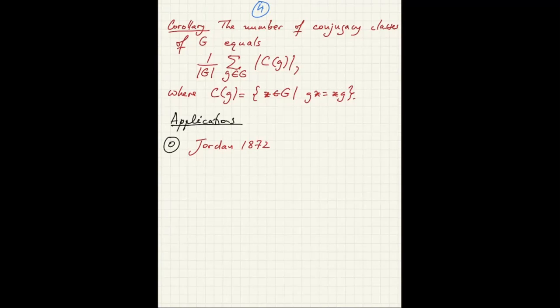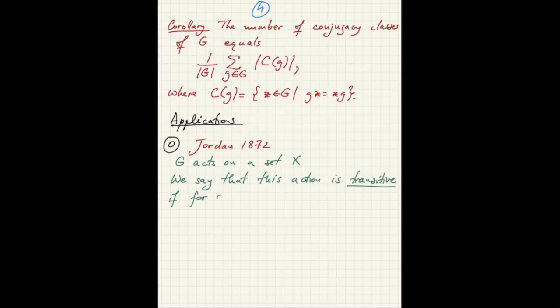So let's say G acts on a set X. We say that this action is transitive if for any x and y in X, there exists g in G such that g maps x to y.